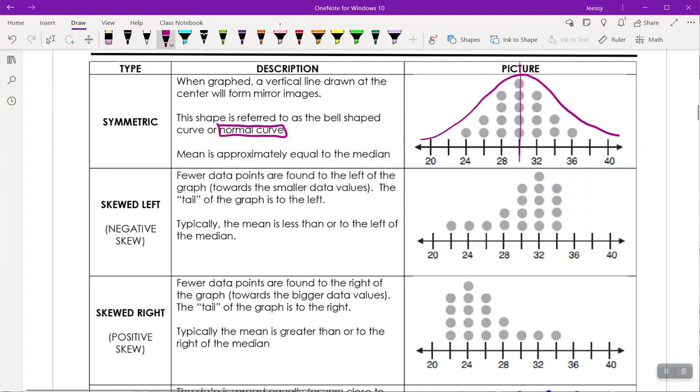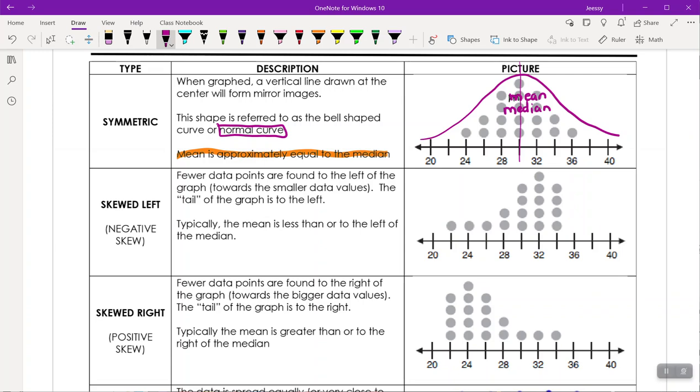In this case, the mean is approximately equal to the median, okay? The mean and the median are pretty much in the same place. They have the same value when you're symmetric.